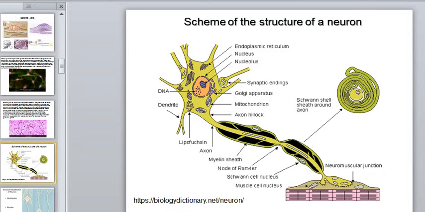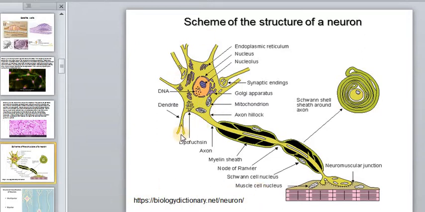I hope you know all this information from histology and even from biology in the school program, but I leave a link to this information, this biology dictionary, very interesting information about neurons.